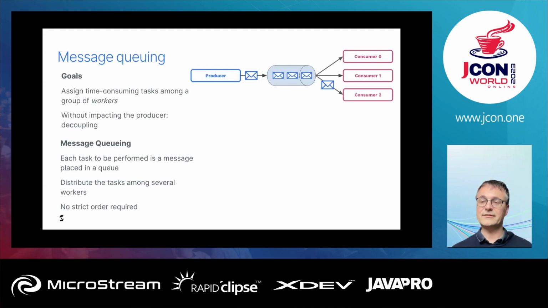I won't break anything. Nothing severe will happen. So a message broker manages this message queue, accepts the producers' messages, and delivers them to the consumers so they can perform the task. So here are some essential features for a message queue.